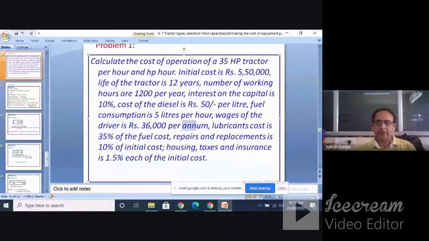You have to calculate per hour. Lubricant cost is 35% of the fuel cost. Repair and maintenance is 10% of the initial cost. Housing, insurance and taxes is 1% each of the initial cost, 1.5% of the initial cost.